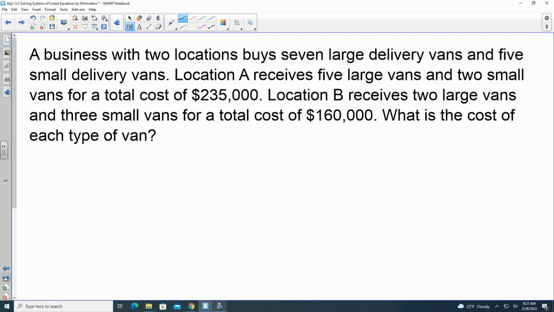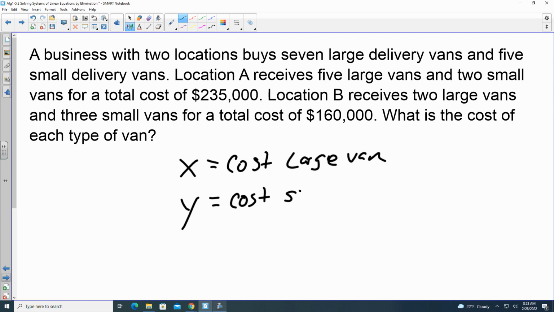So what we can do is denote a variable to a particular unknown. So we'll say X and we'll say Y. Let's say that X represents the cost of one large van, and Y represents the cost of one small van.